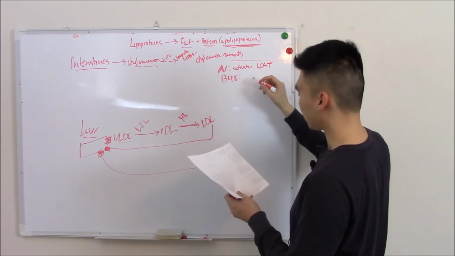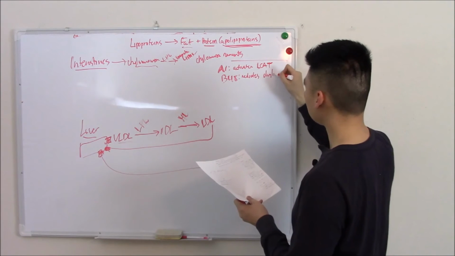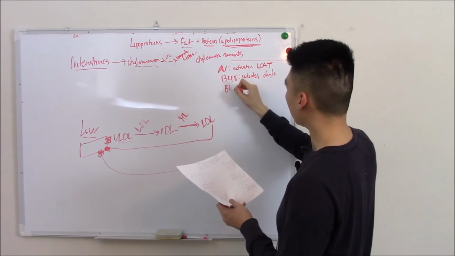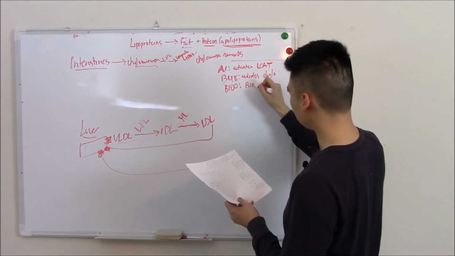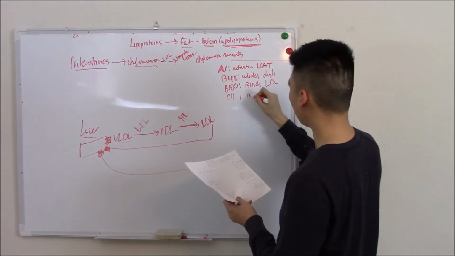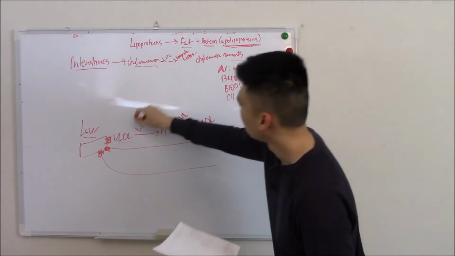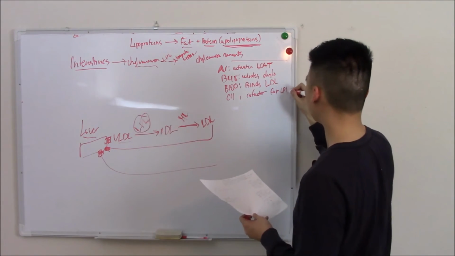Apolipoprotein B48 mediates chylomicrons. B100 binds LDL. C2 is a cofactor for LPLs.